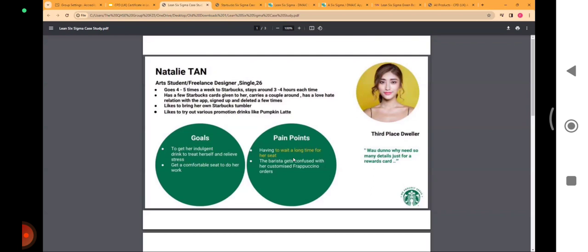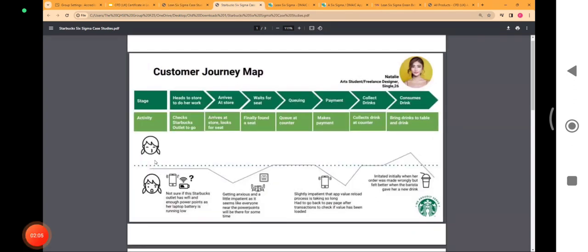And these days, the voice of the customer can be a Google review or basically a survey or feedback from the customer. So the first point now, during the define phase, you are going to have feedback from the clients. For example, here, this is having to wait a long time to get a seat. And then the next step is basically to define the characteristics of the problem so that we can measure it. As you can see, this is basically the process flow and then the customer journey. This is where we are going to identify and address these inefficiencies.